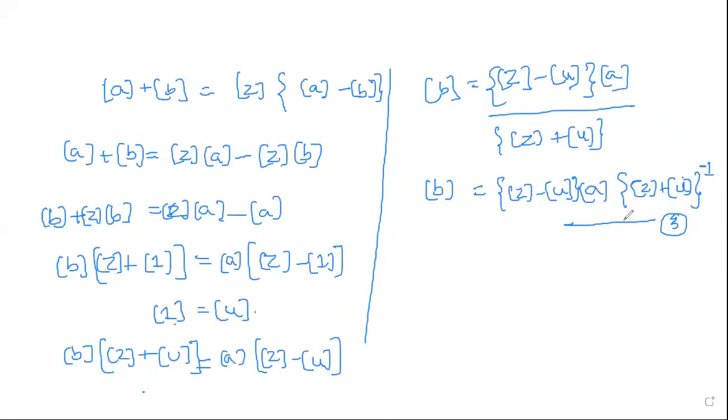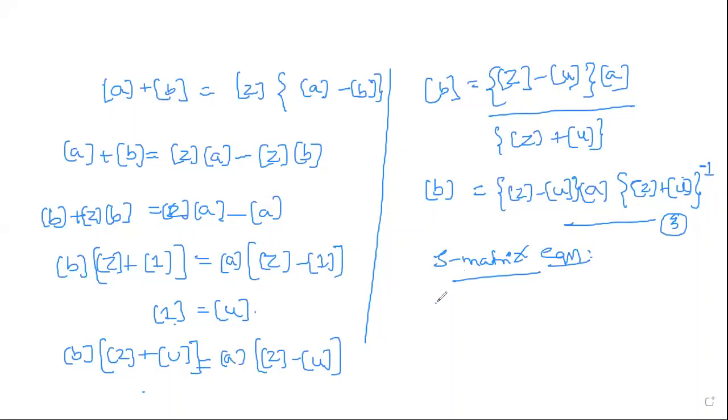Now the S matrix representation, the next step. What is the S matrix representation for a network in general? In terms of matrix, if you remember, B1, B2 is equal to S11 A1 plus S12 A2, similarly S21 A1, S22 A2.